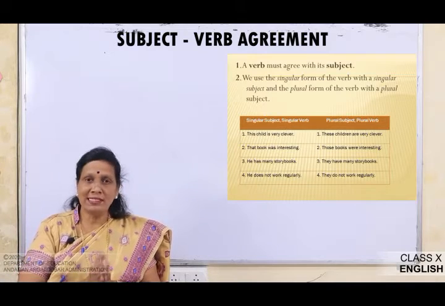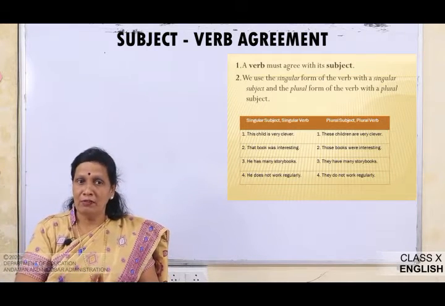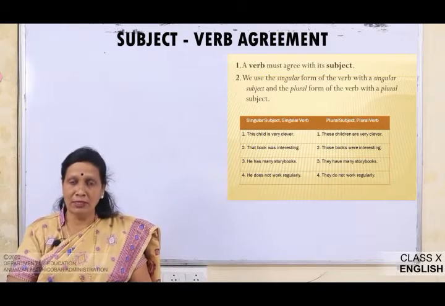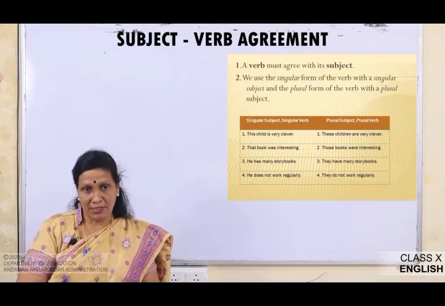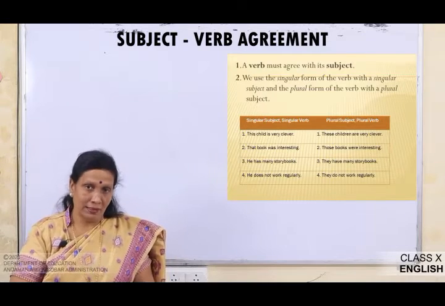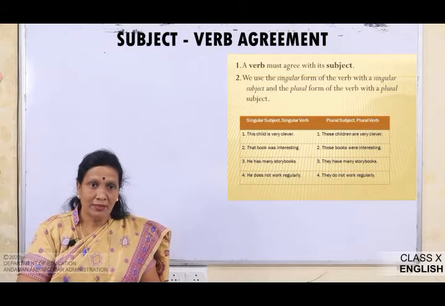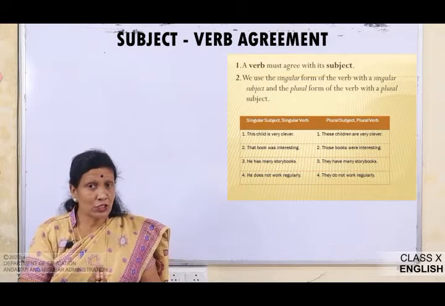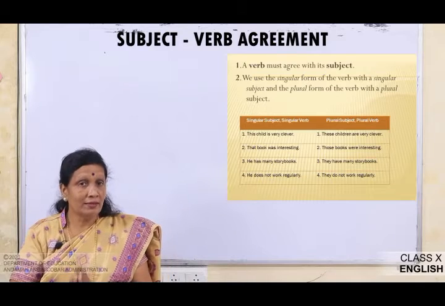Now we use the singular form of the verb with a singular subject and the plural form of the verb with a plural subject. For example, let us look at this table on your screen. This child is very clever. These children are very clever.